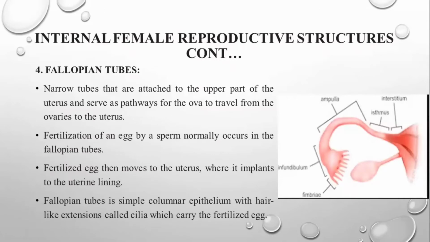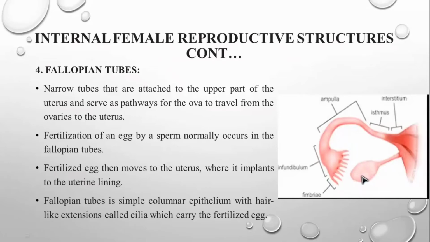Okay, the next important internal female reproductive organ is the fallopian tube. It's a cone-shaped tube present very close to the ovary, and it has finger-like projections.